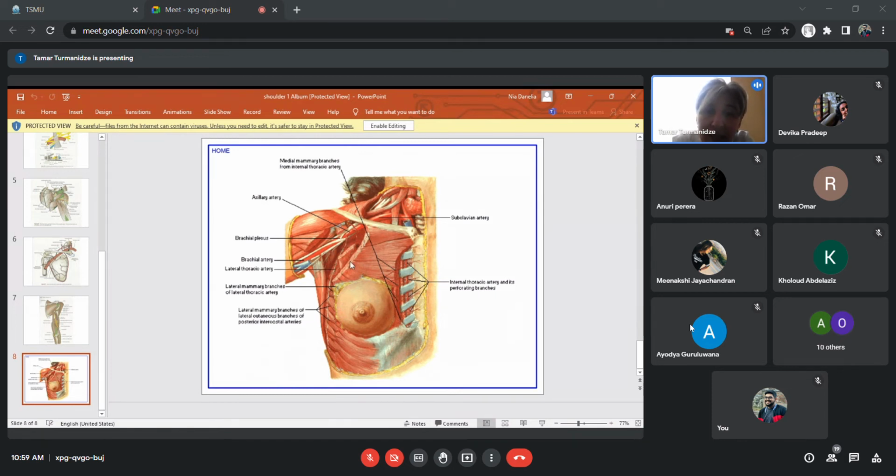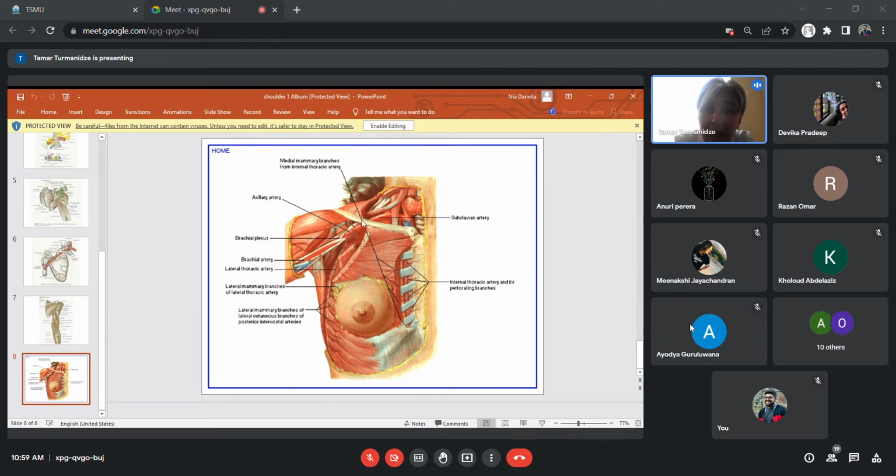This pectoralis minor muscle crosses the main vessels and nerves of the shoulder which pass in this region and divides the infraclavicular region into 3 triangles: clavipectoral triangle, pectoral triangle, and subpectoral triangle.